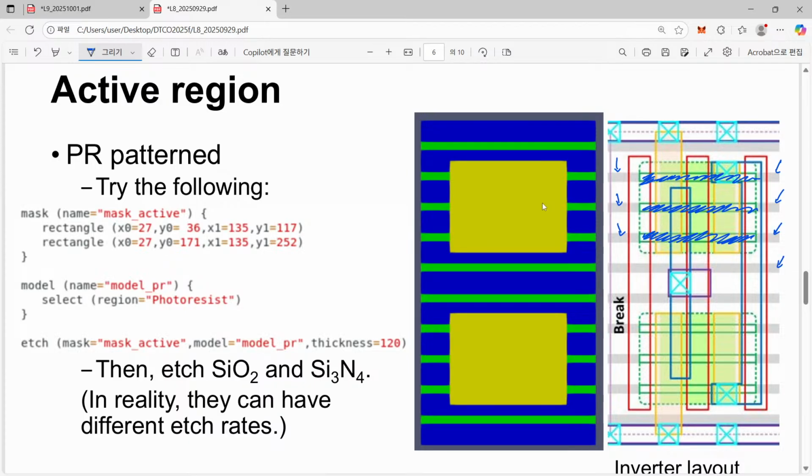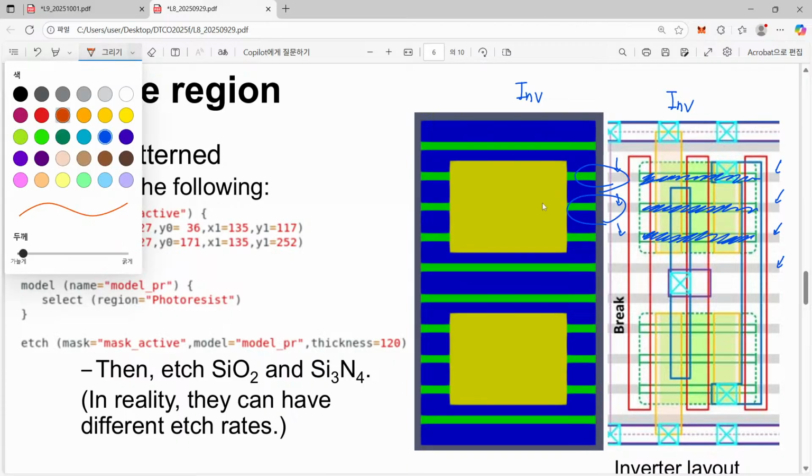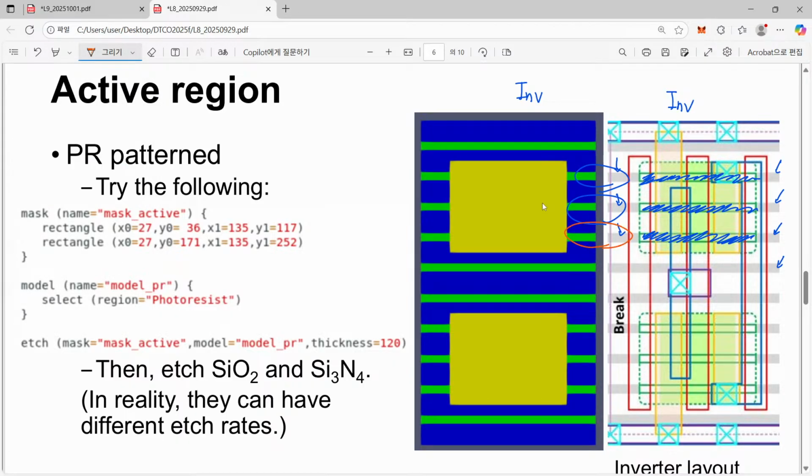This corresponds to fin ones and fin cuts. For example, here we have an inverter, and let's say we have another inverter. If their fins are physically connected, if not eliminated by this fin cut process, then they can communicate information. That's the reason why we must introduce this fin cut structure.